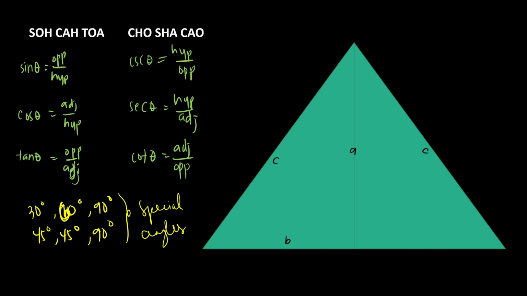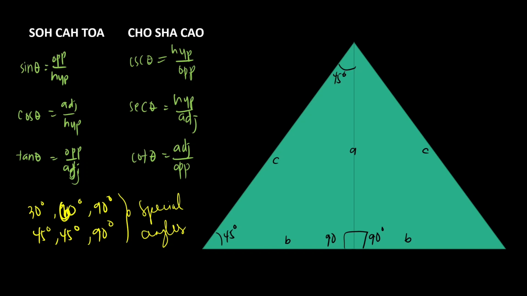The same goes here. So in the triangle, dito po is our 90 degree. Okay? So 90 degree. So dito po sa left side of our triangle we have the 45 degree, the 45 degree, and the 90 degree.